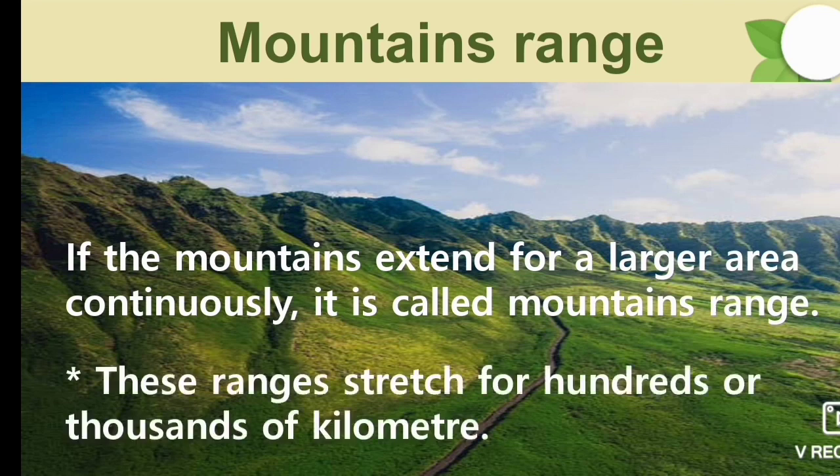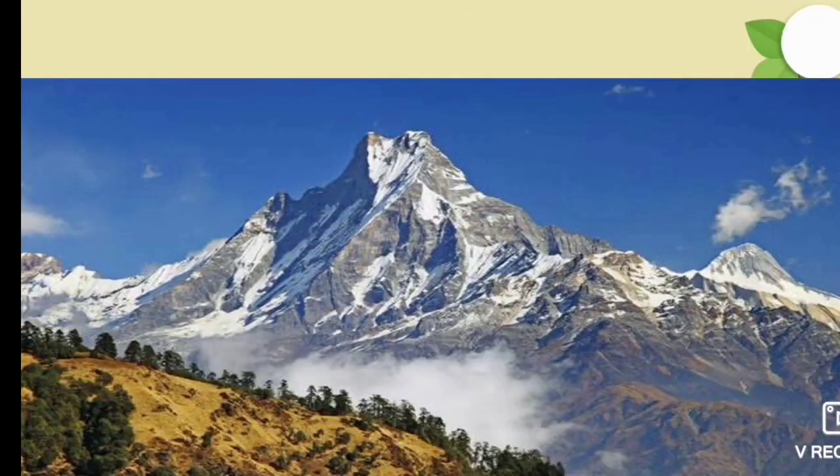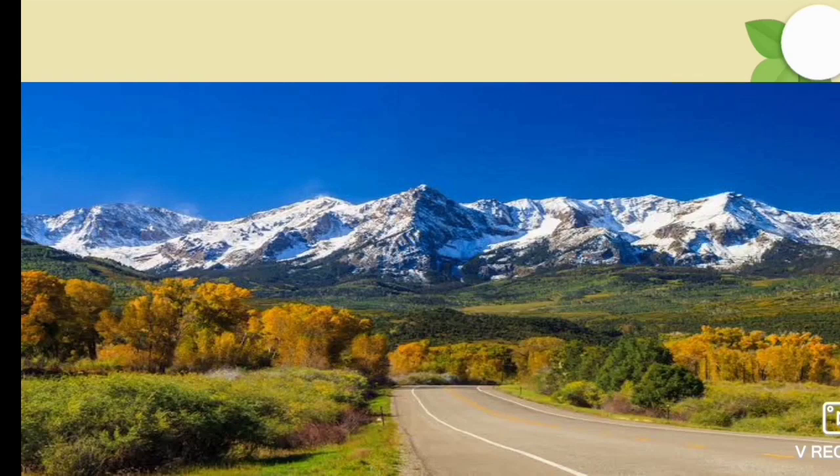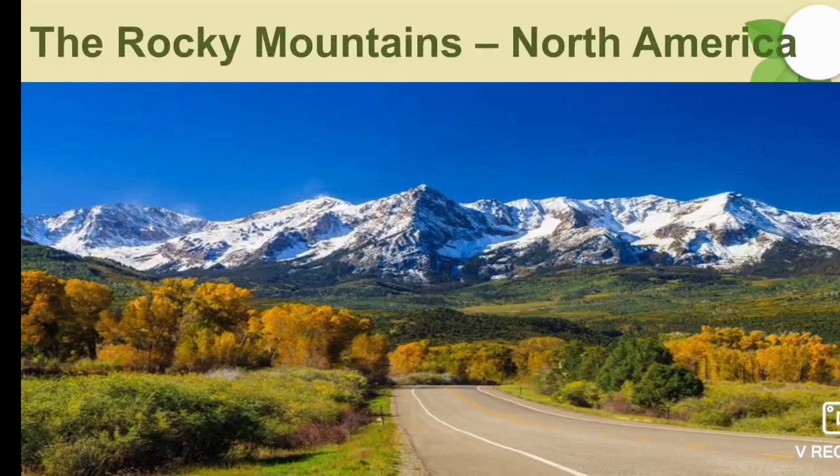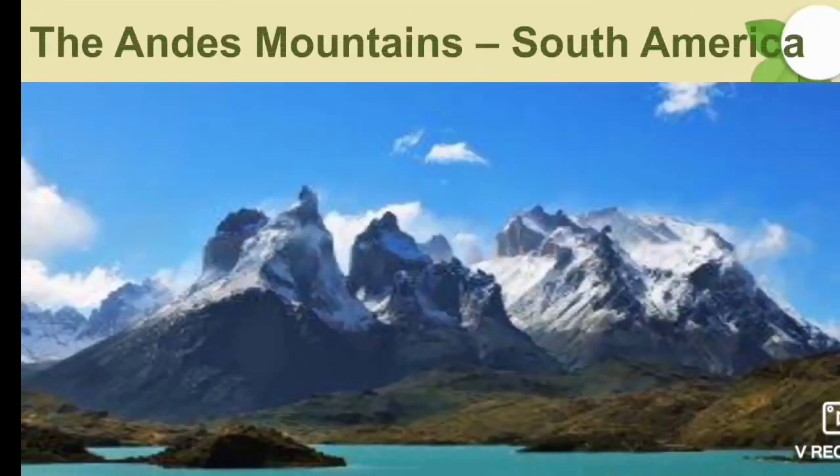These ranges stretch for hundreds or thousands of kilometers. The Himalayas of Asia, the Rocky Mountains of North America, and the Andes Mountains of South America are some examples of mountain ranges.